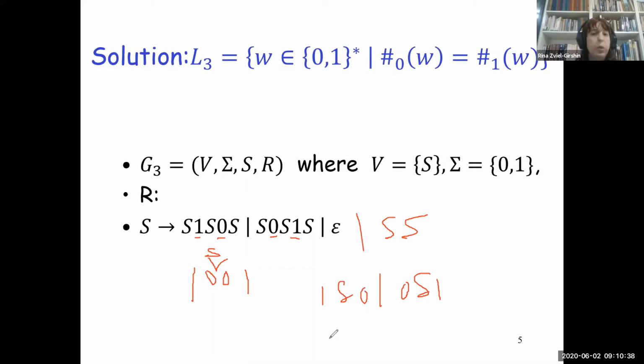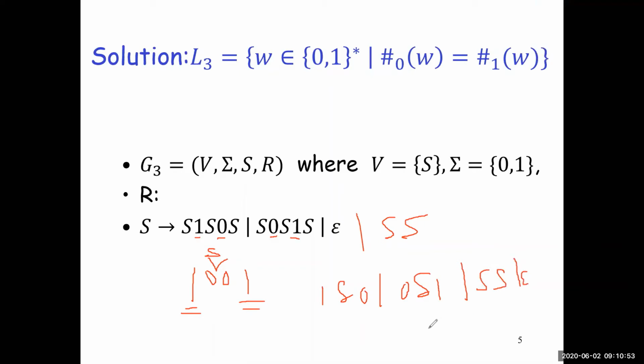And in this language, we can have the same sign, the same letter at the beginning and then the end. So you can solve this problem easily like this. Adding S to S will solve this problem.